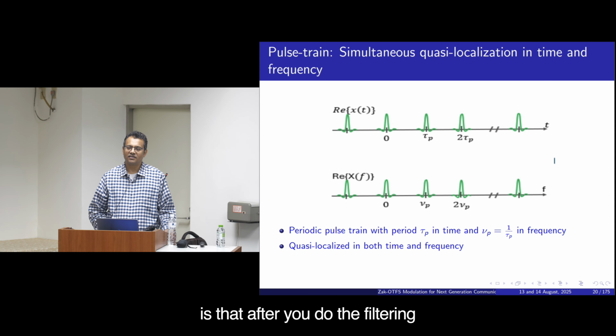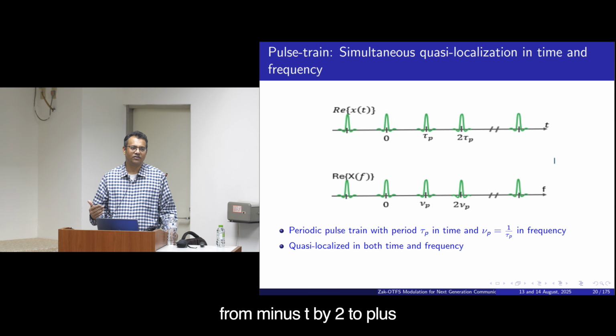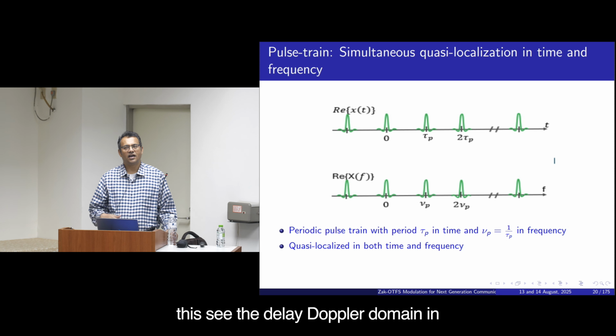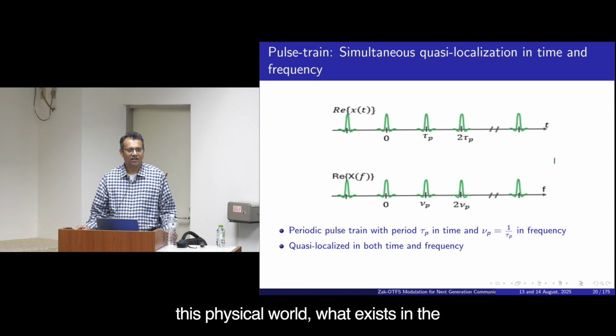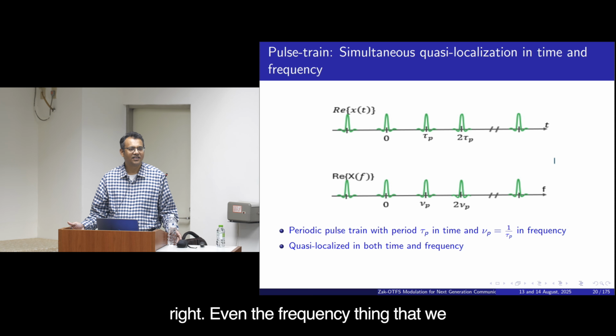The next step is that after you do the filtering with the sinc, you just multiply it with a time window, which is there from minus T by 2 to plus T by 2. The effect of all this: the delay Doppler domain as such doesn't exist in this physical world. What exists in the physical world is just time domain representations, right?